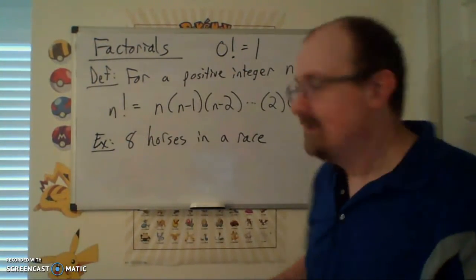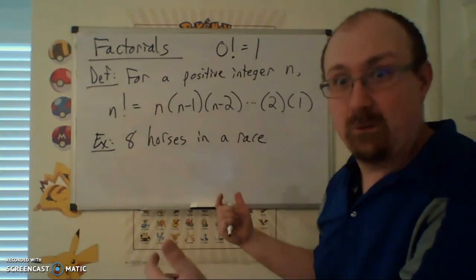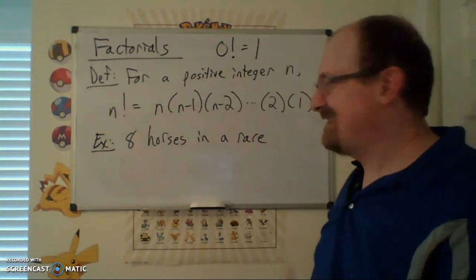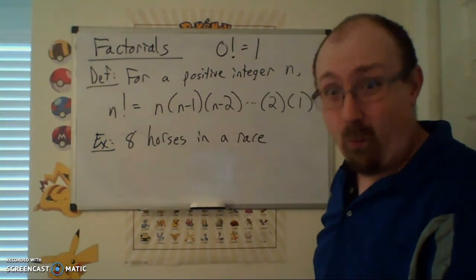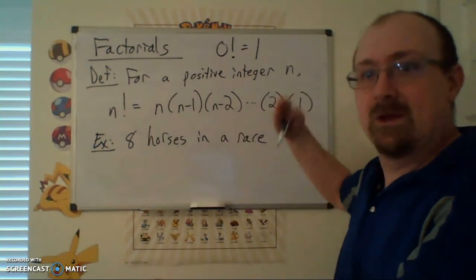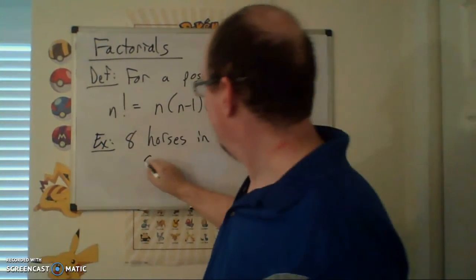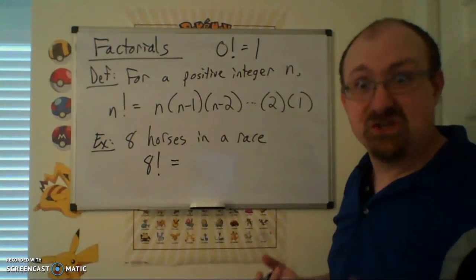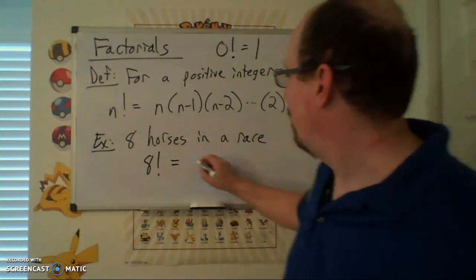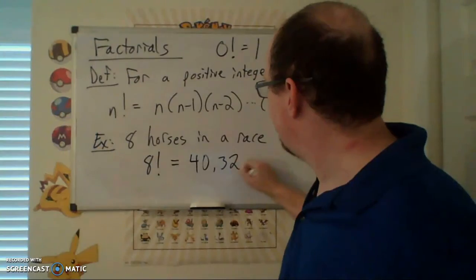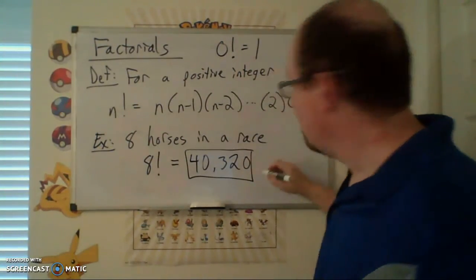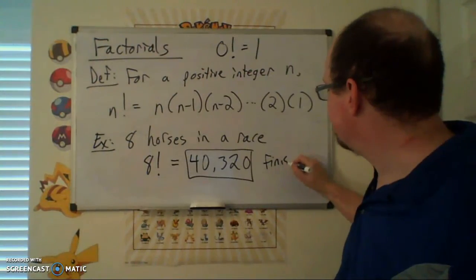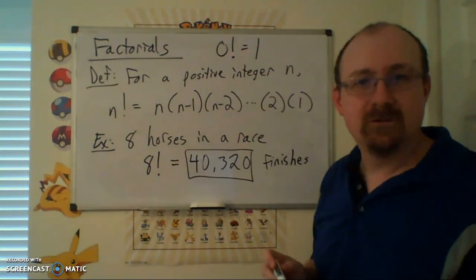You could lay this out just like we've done before with the counting principle: 1st, 2nd, 3rd, all the way down to 8th. But since each horse is only going to cross the line once, we're losing 1 horse from each choice along the way. So you could use the counting principle, but there's no reason not to just use that factorial key on your calculator. And if you do that, you should get 40,320 possible finishes of all the horses in the race.